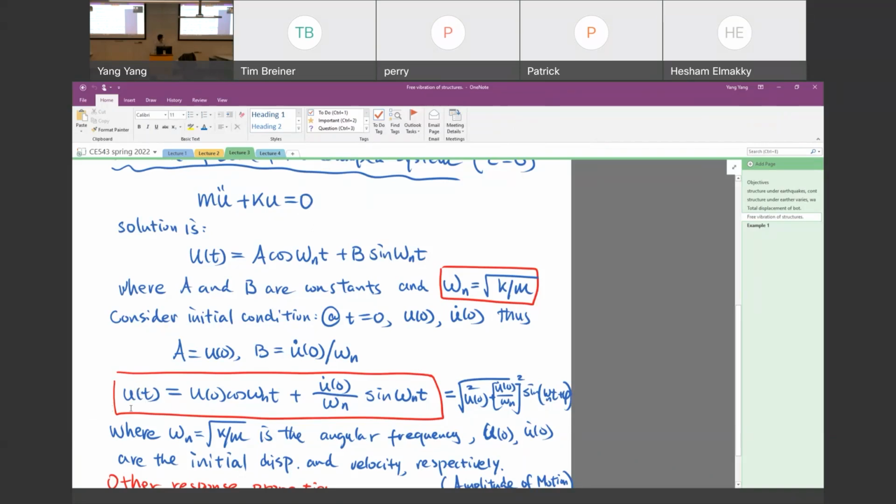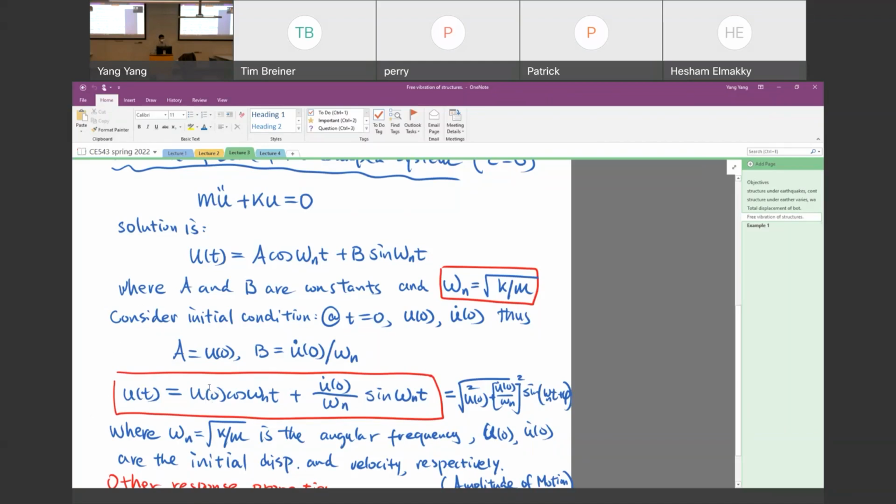So we use u(t) to represent the variation of displacement as a function of time. It is related to the initial displacement, we use u0.